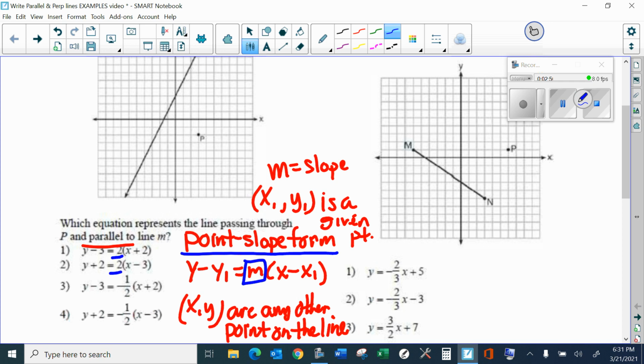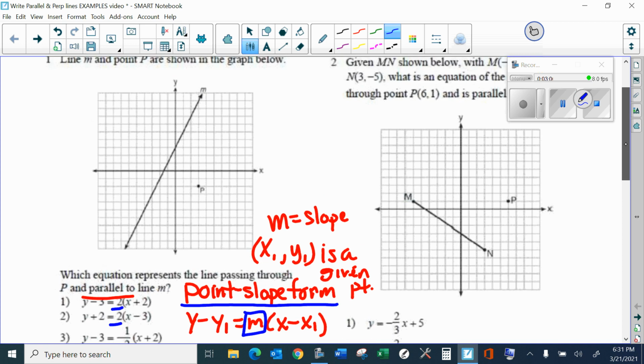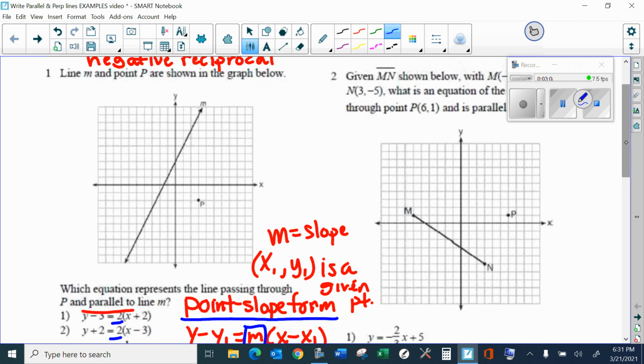All that matters is what the slope is, because we want a parallel slope. So that means I have to be able to find the slope of that line. I pick any 2 points that are on the line that meet at corners. Right there. Got to be right at the corner. Remember, slope, you should know from Algebra 1, is change in y over change in x. Y is either up or down, x is left or right, depending if it's positive or negative.